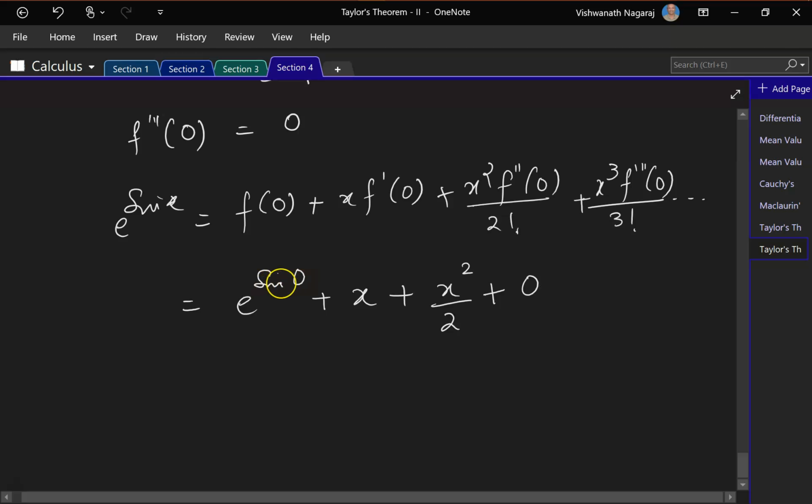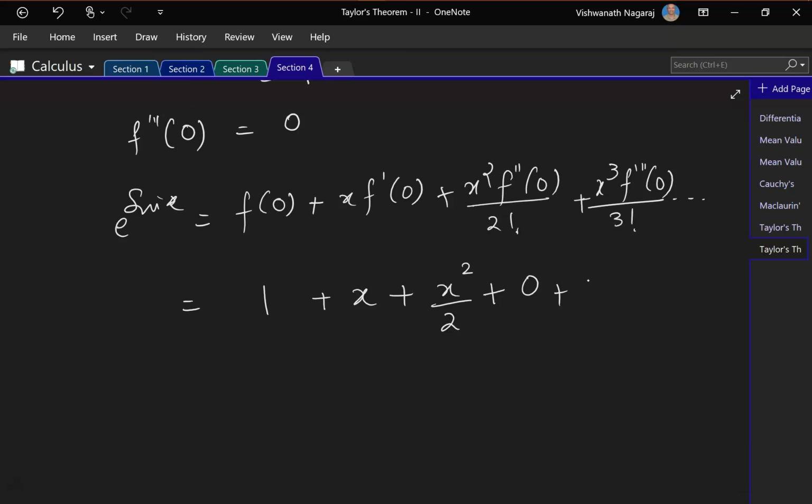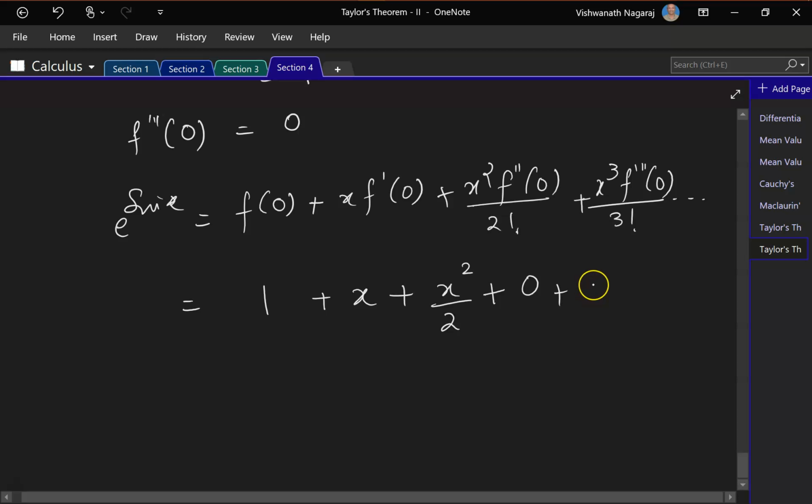Sin 0 is 0, e to the power of 0 will be 1. So this will become 1 plus, now it's not very apparent, we actually have to work out the next term to figure out the pattern, right? You do this, you will get x to the power of 4 by 4 factorial times minus 3.